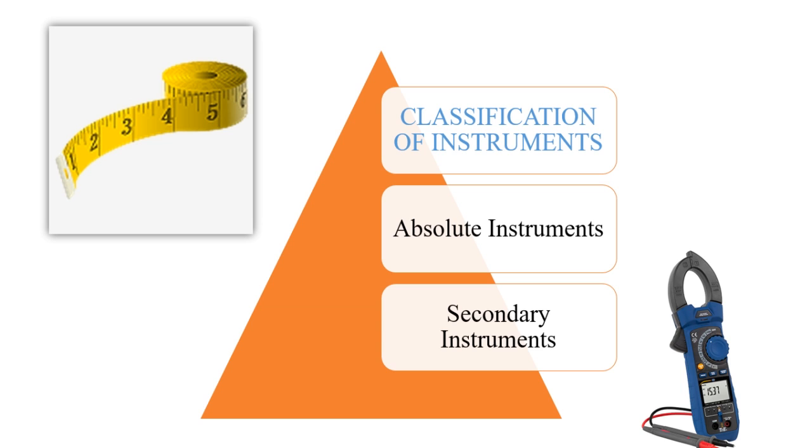Usually in our modern era, we are in the world of digitalization, so we tend to go for digital instruments. But in analog instruments, it is sometimes observed that when you start measuring a quantity, it will not show directly from 0. It might be either lagging from 0 or leading from 0. So we need to calibrate the instrument.